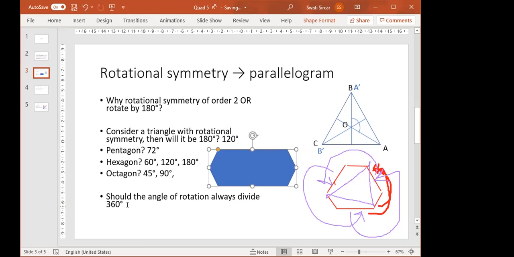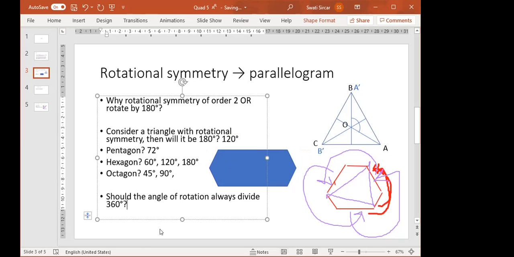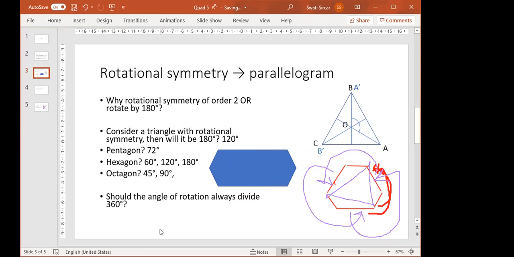Doesn't it have to divide 360°? So think about that.